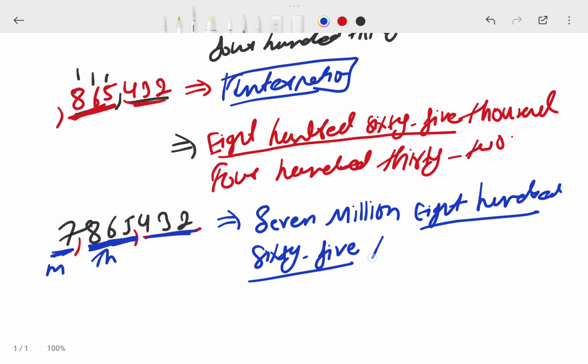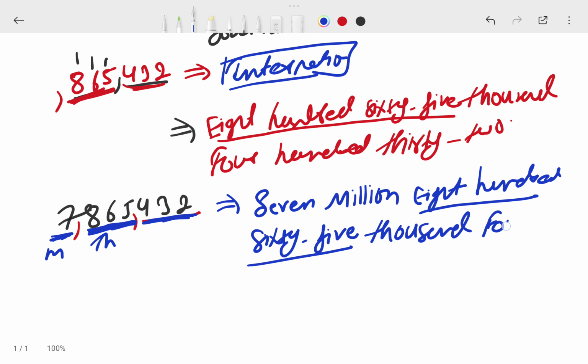Now you have to write 1,000. Then after, this is what? 432. That is 4 hundred and 32.